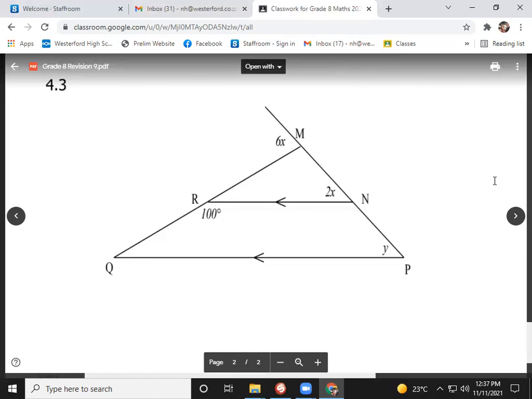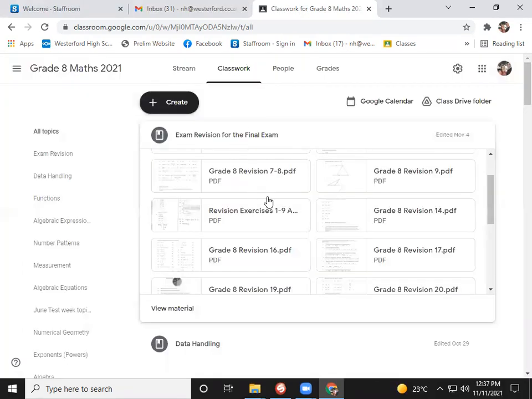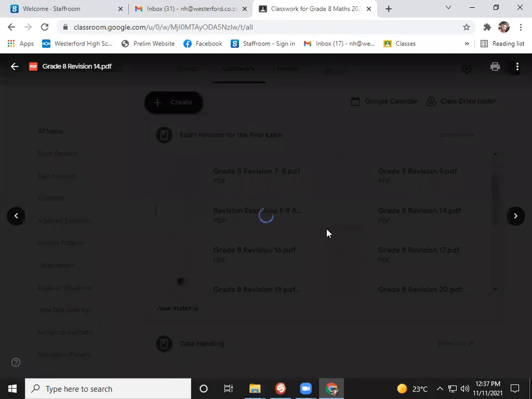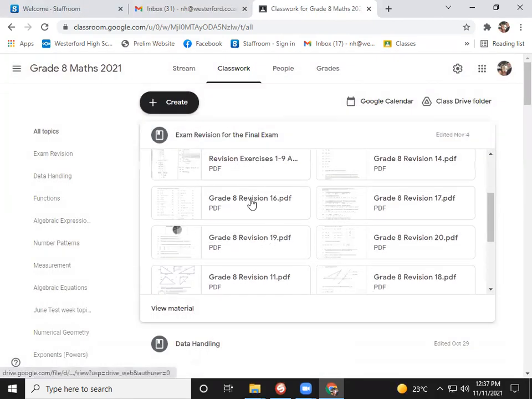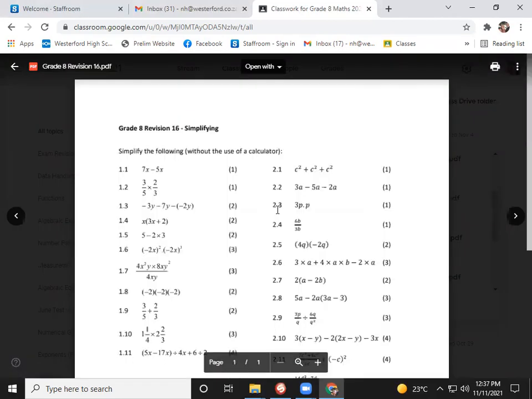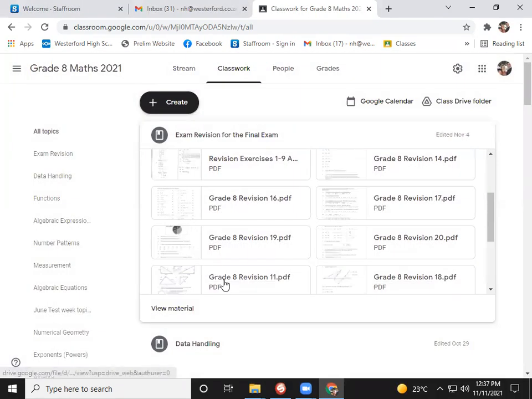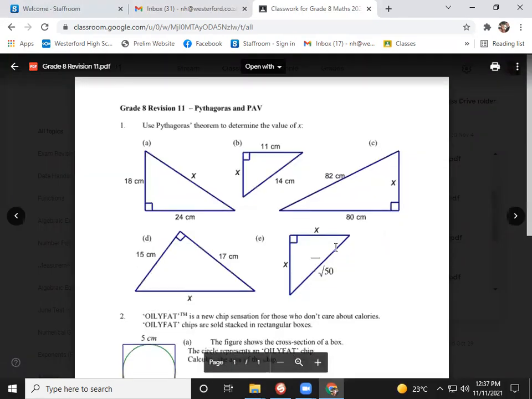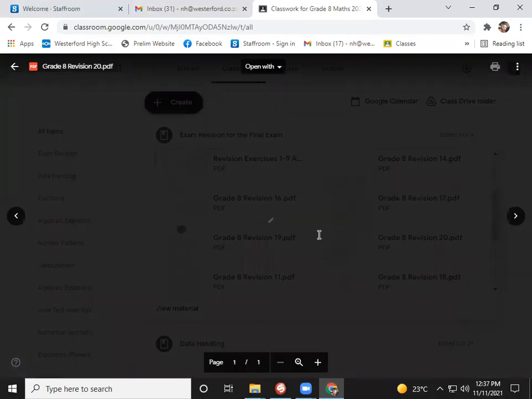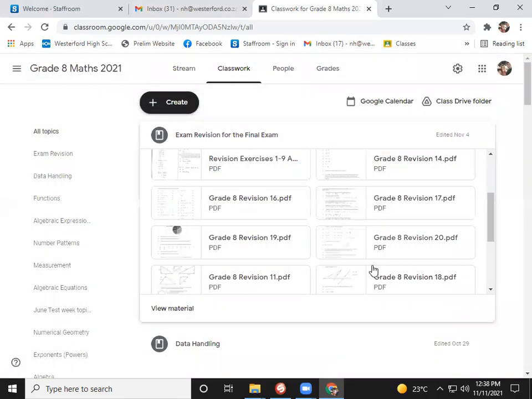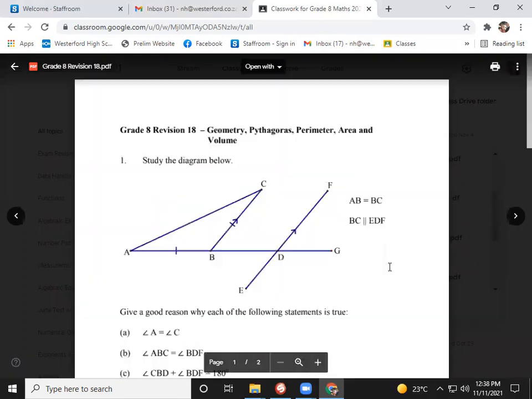We'll quickly check where we could use. So this one was revision 9 that I looked at now. I'm just looking through these quickly.